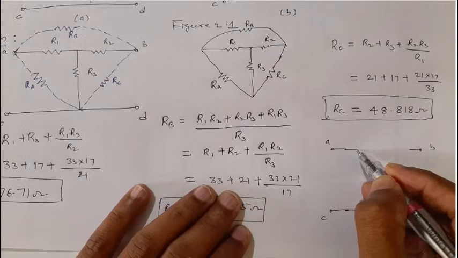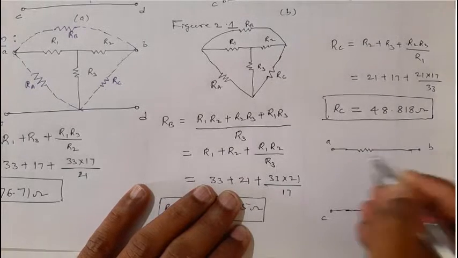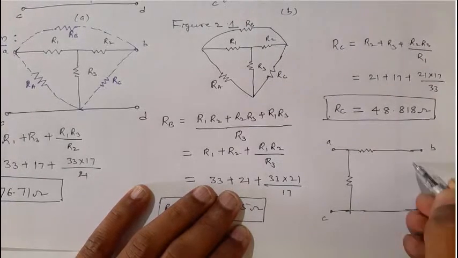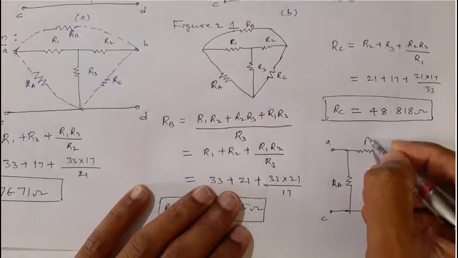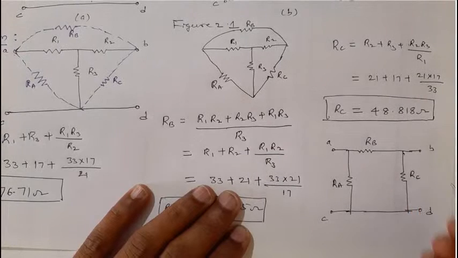Here you have one resistor, here the second, and here the third one, and this is RA, this is RB, and this is RC, right?